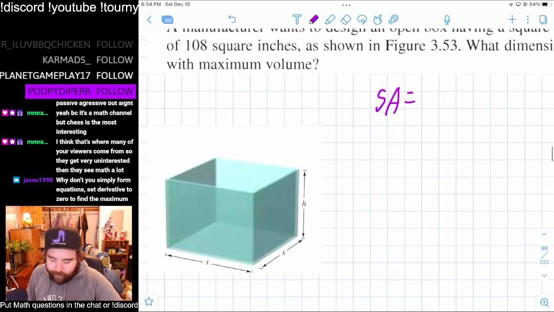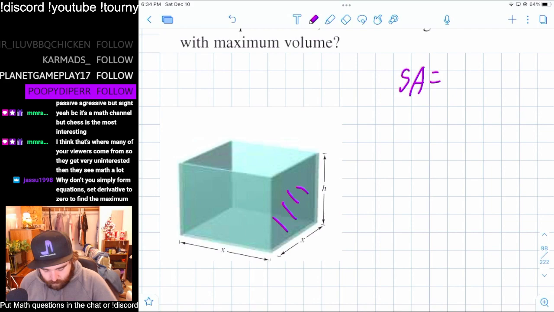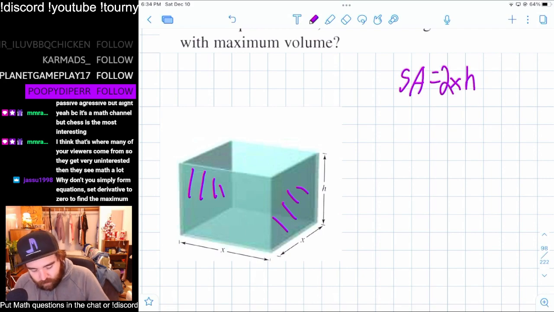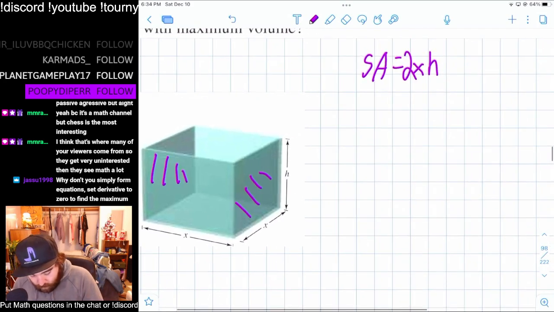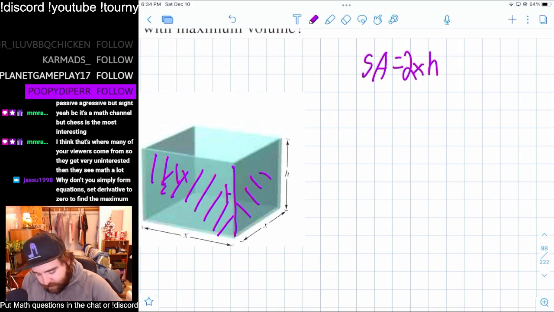And you don't think about a formula for the surface area of a box. You just kind of look at it. So you've got each side. You've got this side here. That's X times H. Notice you have the same thing back here. So 2 of them. You've got this side right here, which the picture doesn't make very obvious, but that's also X times H. And then you've also got that on the back side.